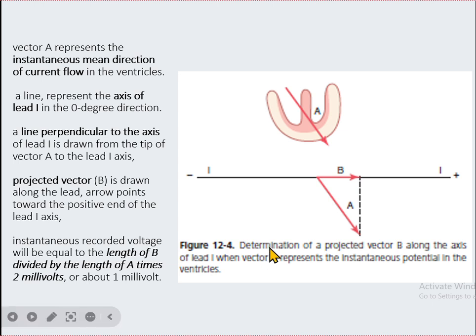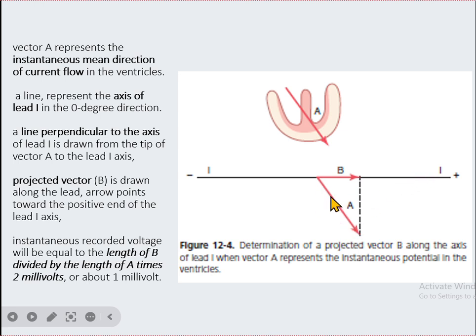That means the longer A is, the longer the mean vector. If A is longer, the current that goes this side will also increase. The same happens if A is towards this.